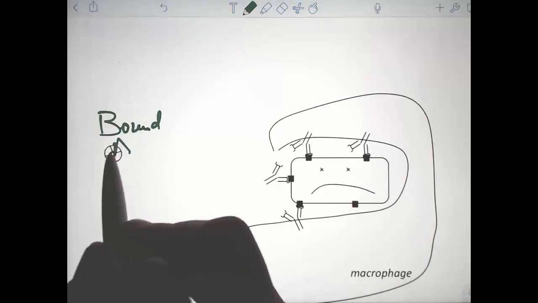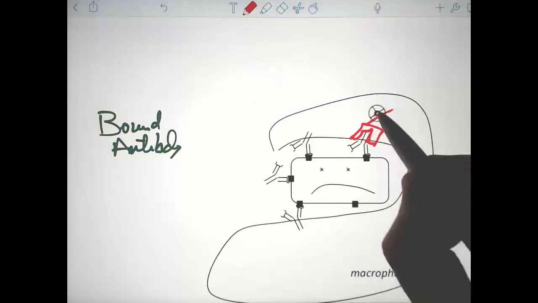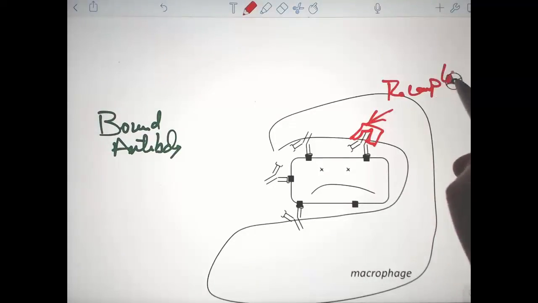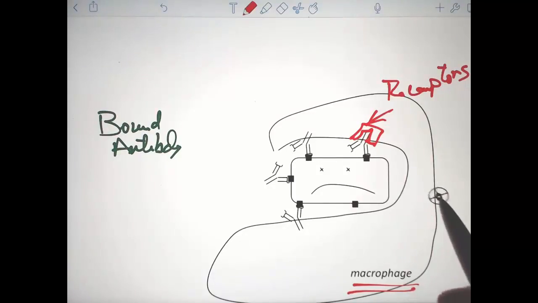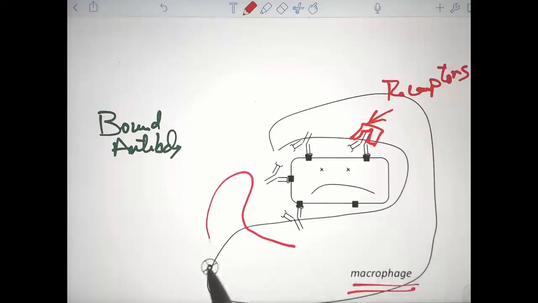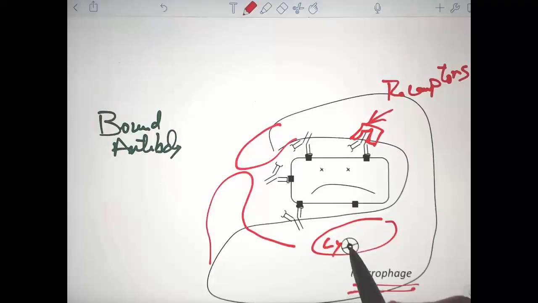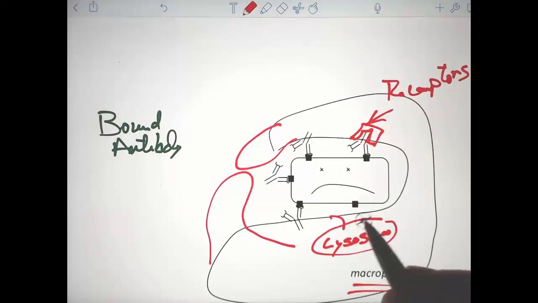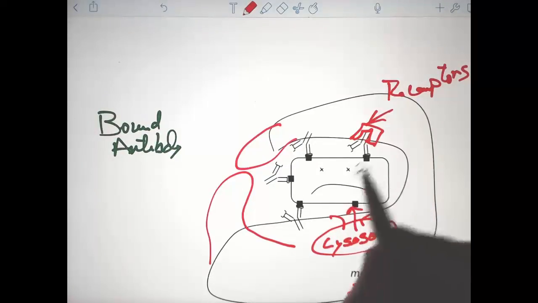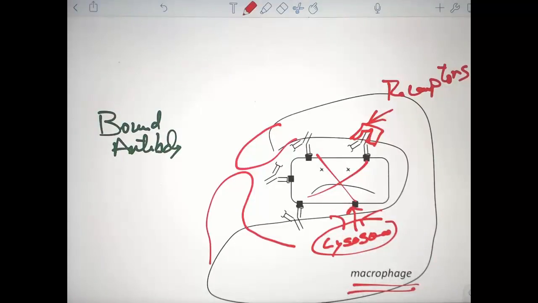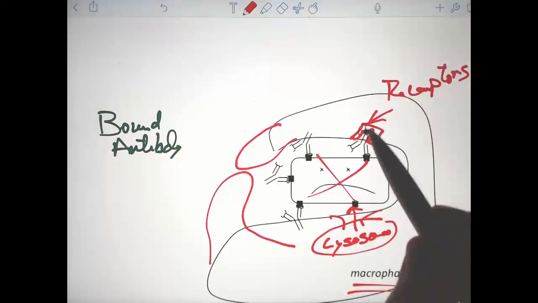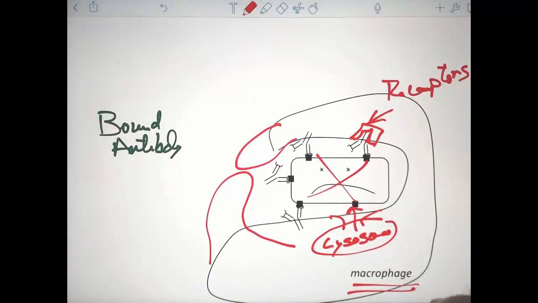Bound antibody binds to receptors on macrophages, and those receptors, once they bind on the macrophage, wind up making this macrophage engulf the bacterium and fuse it with a lysosome, which kills and digests the bacterium. Bound antibody attached to a target moves that into a macrophage for destruction.